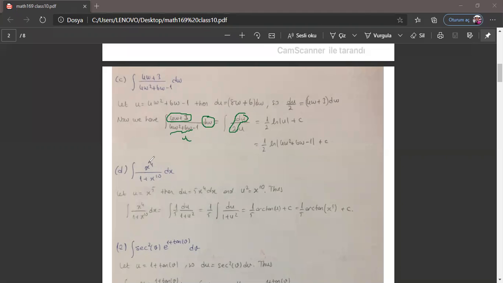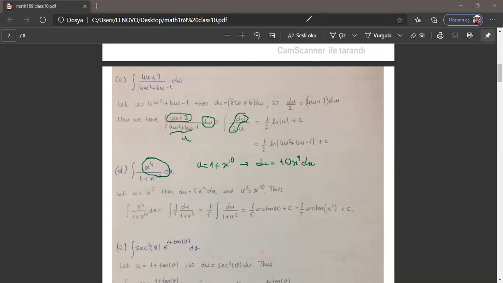So here we have x to the 4 dx in the numerator. When we differentiate, if for example we say u is equal to this, then differentiating gives 10x to the 9 dx. But here we don't have something like that. We have x to the 4.